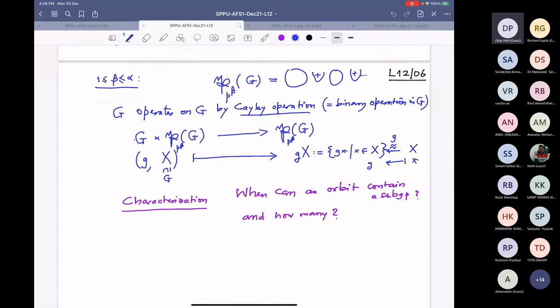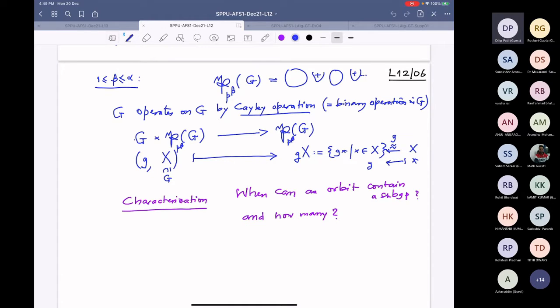What is the plan? Consider the subsets of cardinality p power beta of G. If at all there is a subgroup of order p power beta, that must be one of these subsets. G operates on G by Cayley operation, and therefore G will operate on this power set of G, where each element has cardinality p power beta.